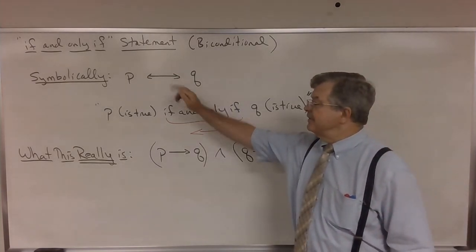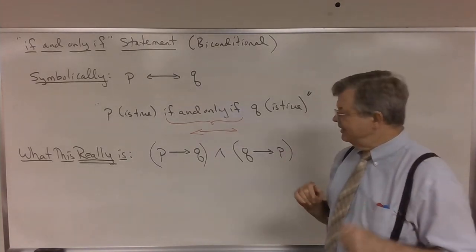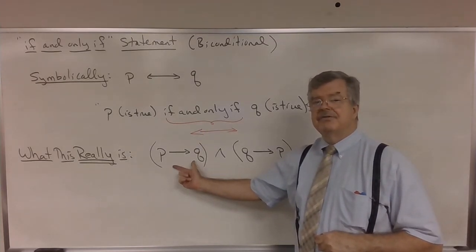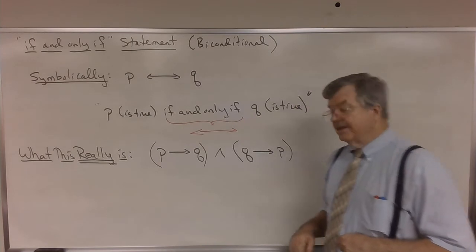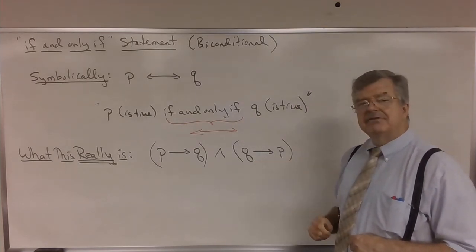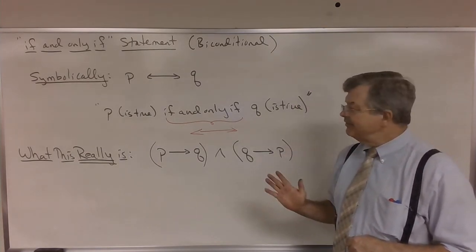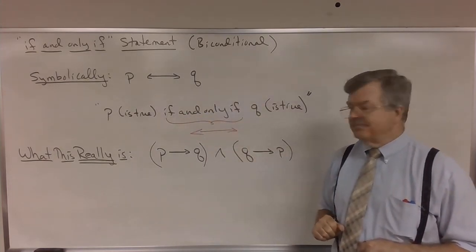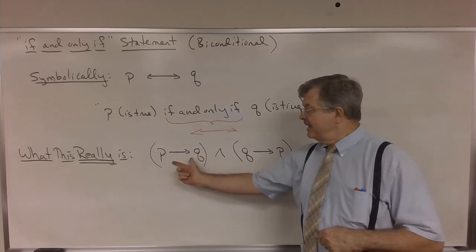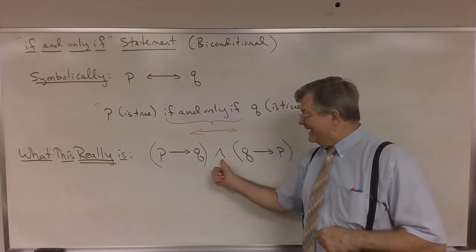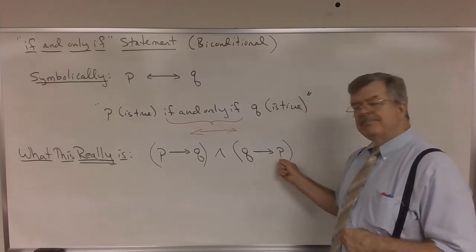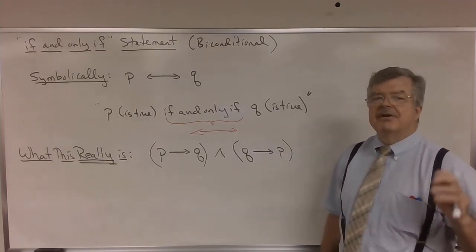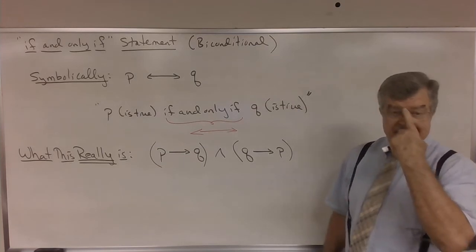P if and only if Q, what that really means is that if P is true, then Q is true. And if Q is true, then P is true. That's what P if and only if Q means. If P is true, then Q is true. And if Q is true, then P is true. That's what an if and only if statement really means.